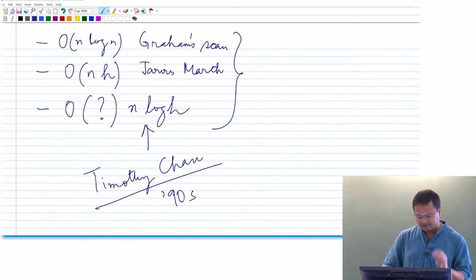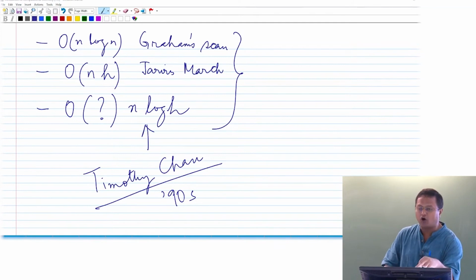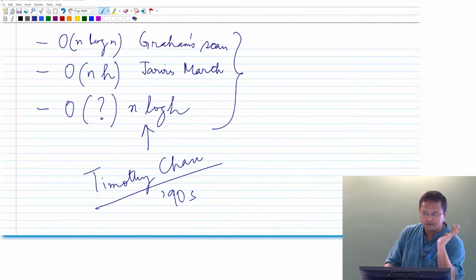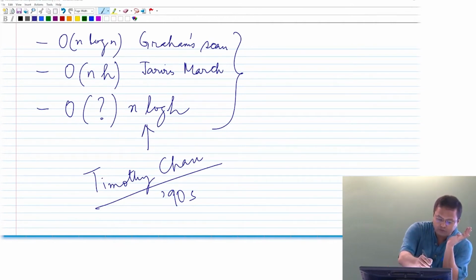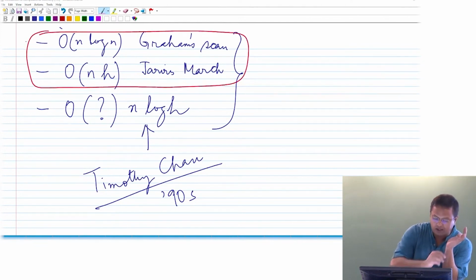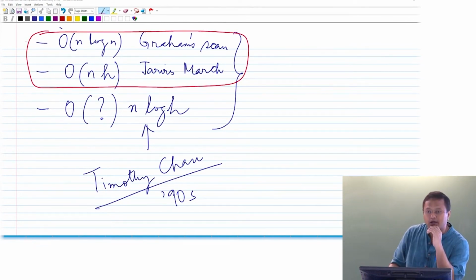Now, look into this fact that n log h is faster than both n log n and n h, right. But the idea of Timothy Chan is to combine these two slower algorithms in a nice way to get a faster algorithm. Seems counterintuitive, but that is the beauty of the design.